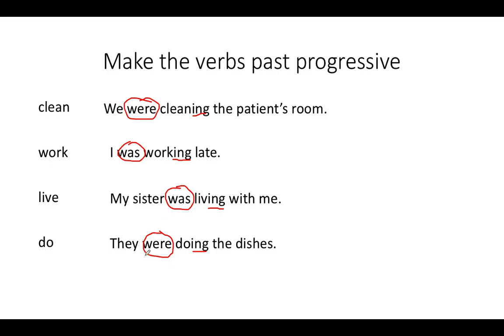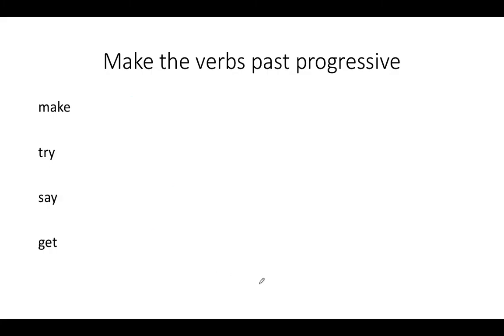And it's going to be were when you're talking about other people and there's lots of them, or if you're talking about somebody else, like saying you were. That's when you would use it. So for make, you were making. That's what we had to add, the ing, to make it past progressive.